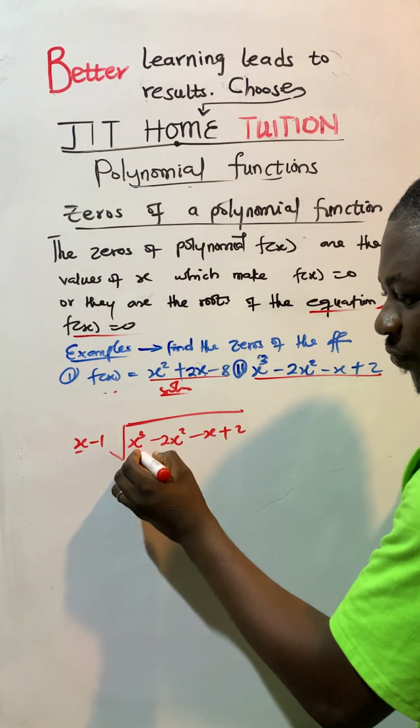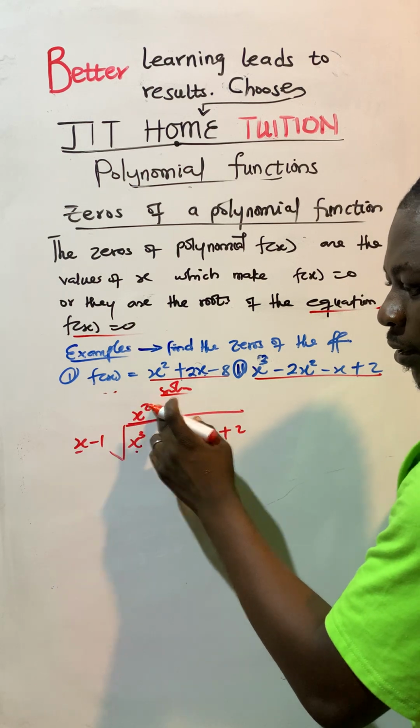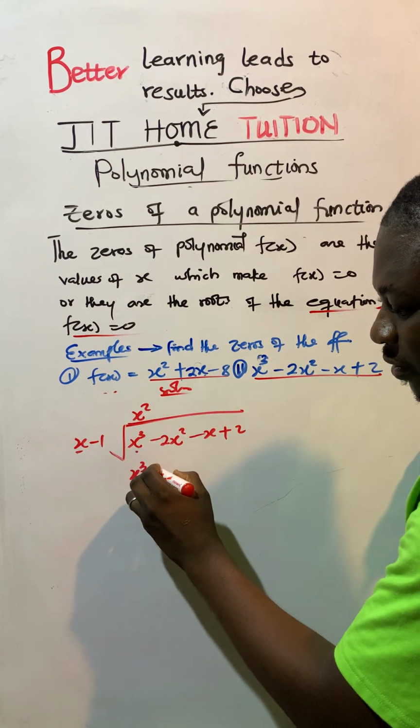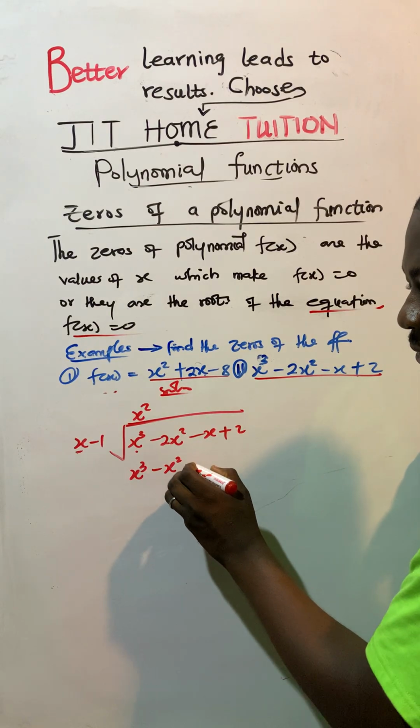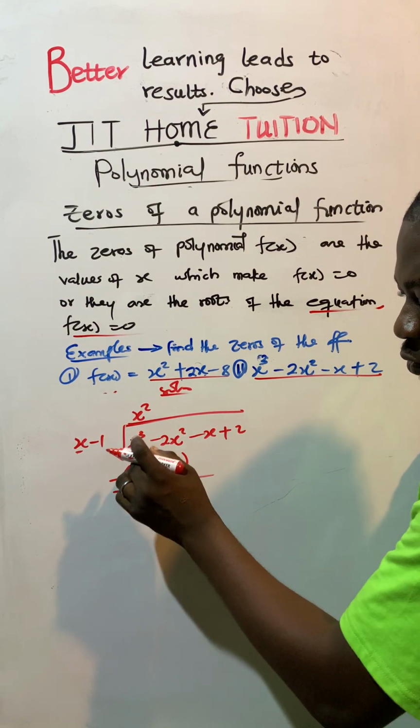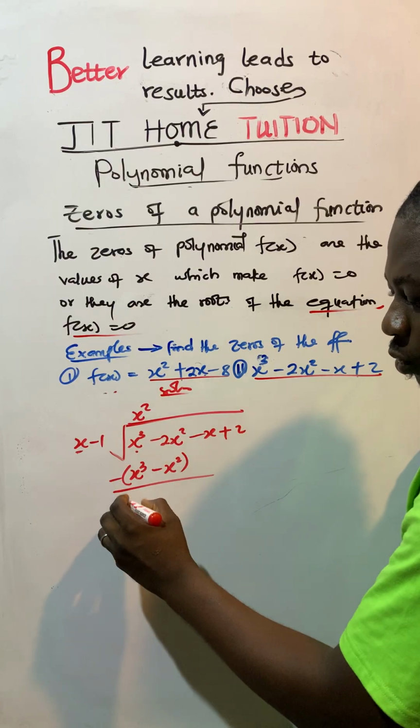So this one will divide this, giving you x squared, and you multiply. So you have x cubed. The same x squared will multiply this, giving you negative x squared. So you subtract. The negative will affect this one, so when you add, that will be 0.